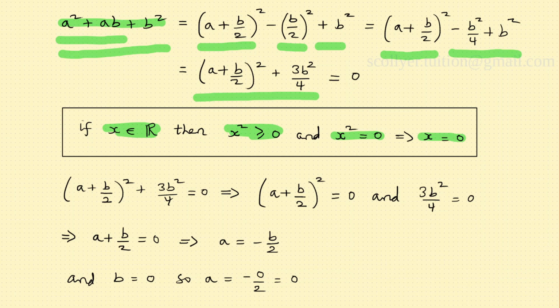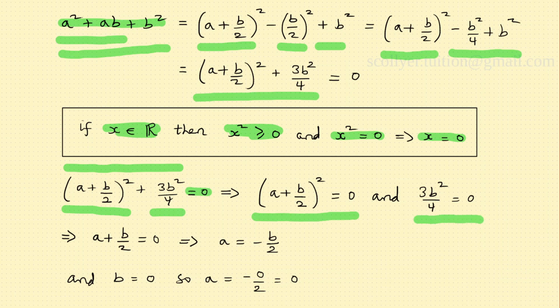So in order for this expression to equal 0, this term and this term must both separately be 0, i.e. (a plus b over 2) squared must equal 0, and simultaneously 3b squared over 4 must equal 0.